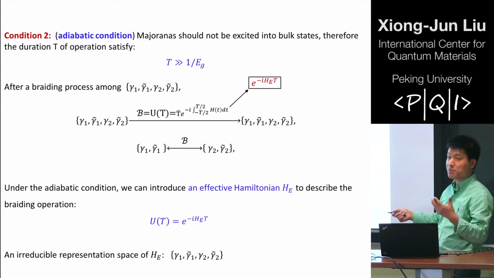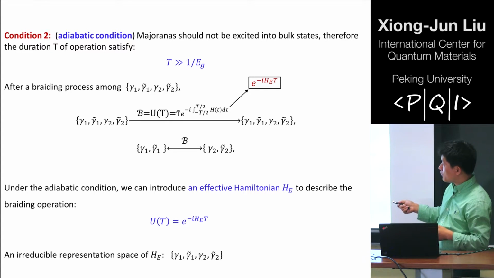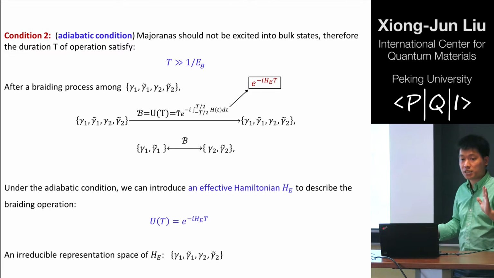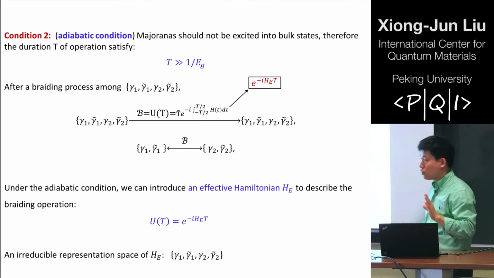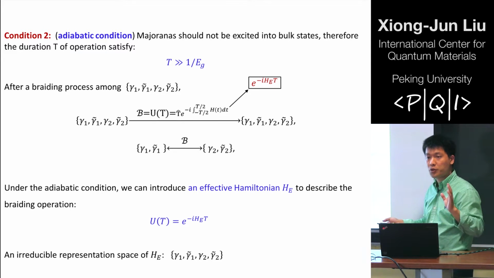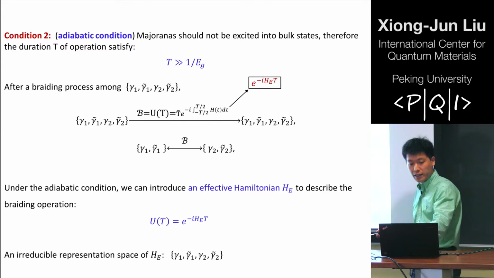So this can be simple. The original Hamiltonian is very complicated in general, but the effective Hamiltonian is just a 4x4 matrix. Furthermore, we want to find the additional condition for the effective Hamiltonian, so that you make sure the braiding can be non-abelian for the Majorana fermions. So this is our idea.